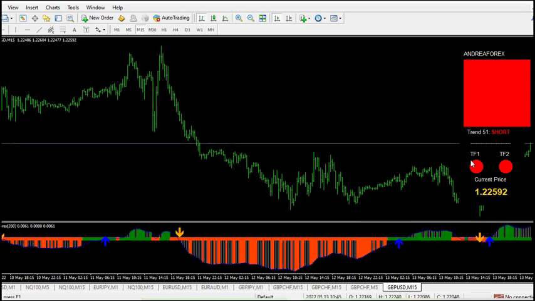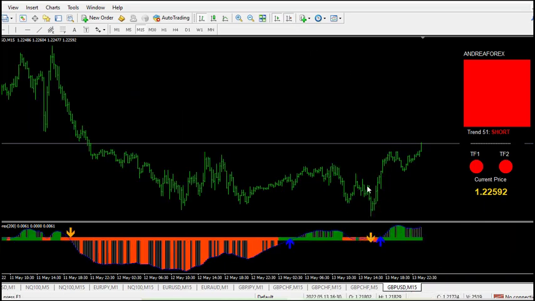Now you wait for this other indicator to turn to red or orange color. Here it is, orange color, giving us sell signal at this point. You only take the sell signal and you will not take the buy, because the buy is not in agreement with this particular signal.